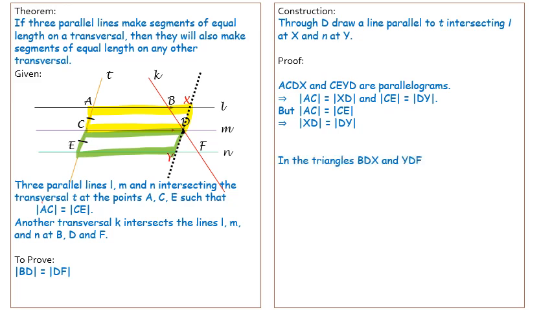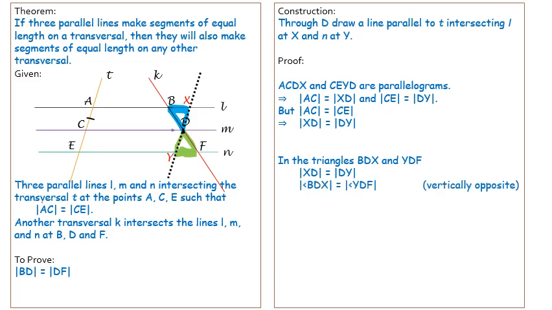Now we're going to look at congruent triangles. In the triangle BDX, which I'll highlight in blue, and triangle YDF, which I'll highlight in green, XD equals DY, and we've shown that in the previous part of the proof.